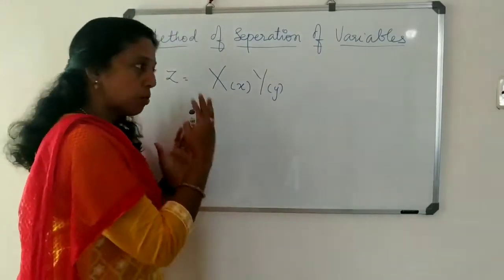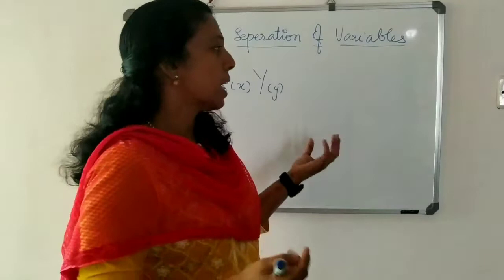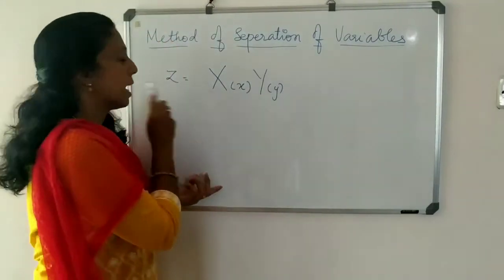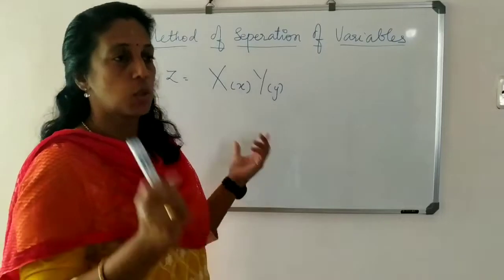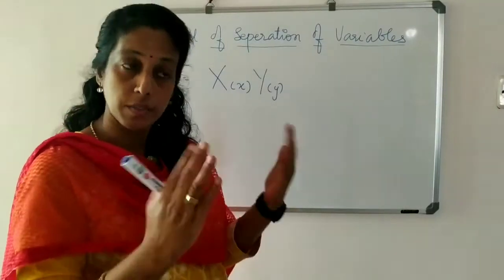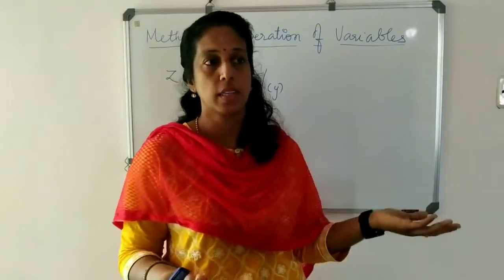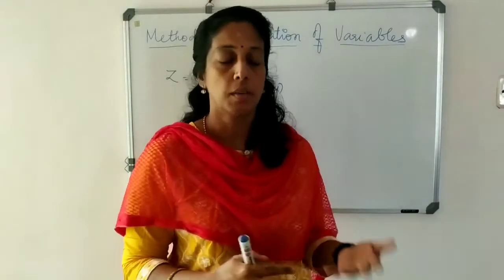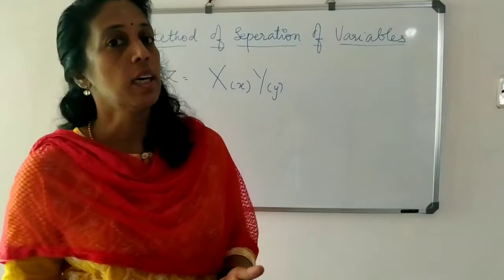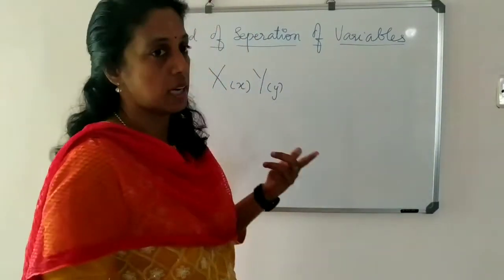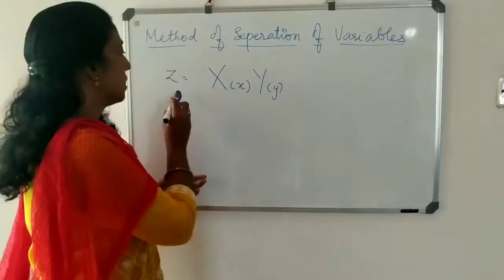We will solve both the equations separately and take the product of the solutions as the value of this Z. Individually we will solve using the methods we studied in your lower classes, in your second semester, methods for solving differential equations. You can use any one of the methods to solve the differential equations and we will get the solution.